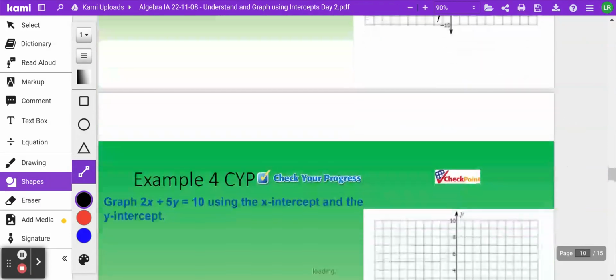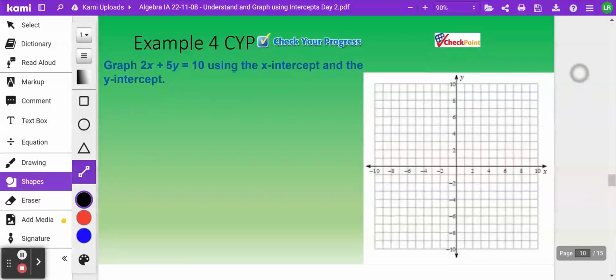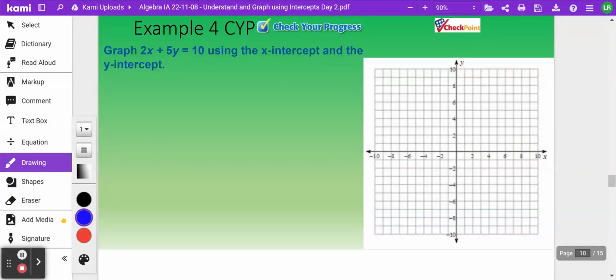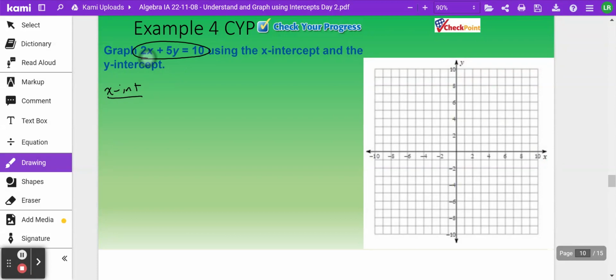All right, let's look at our next example. Very similar, not the same. Here's the problem. We're doing our x and y intercepts. So our x-intercept, we have y is 0.